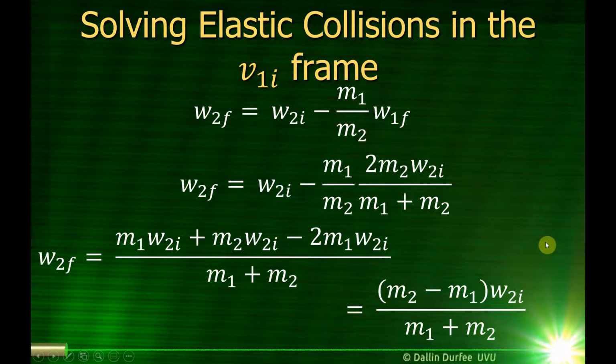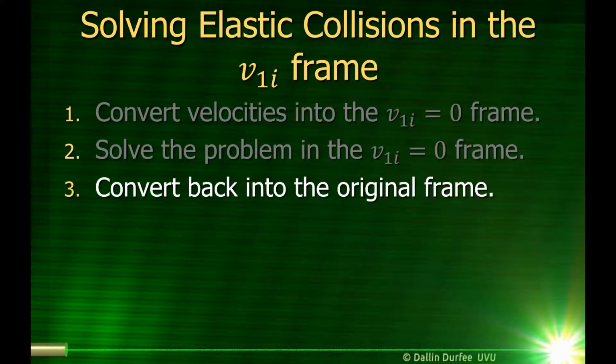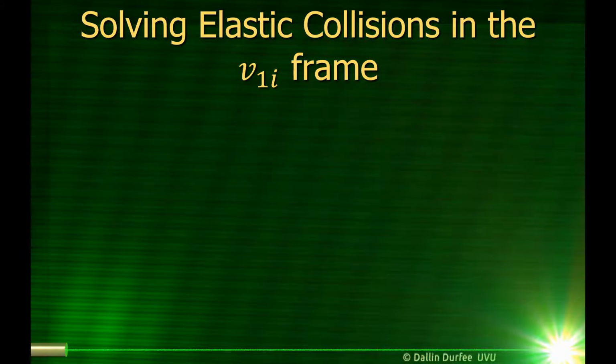So now I have the final velocities of both particles, but I have them in the transformed reference frame. So the final step then is to convert back to the original frame. And I do that by saying, well, remember I said that the velocities in the transformed frame are just the velocities in the original frame minus the initial velocity of particle 1, the velocity of the frame we transformed into.